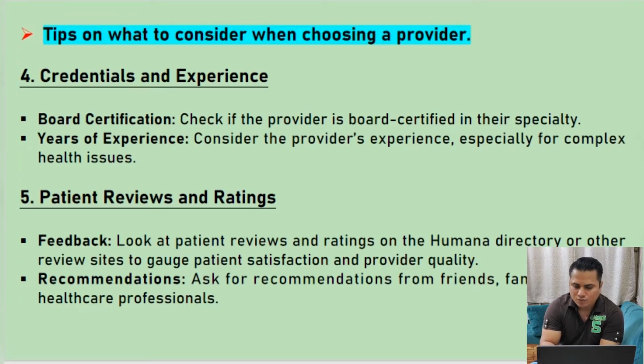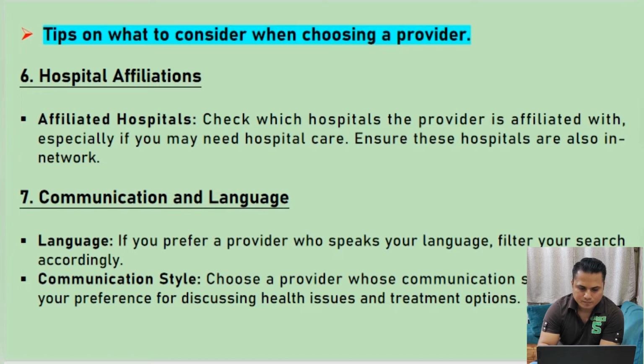Recommendations: ask for recommendations from friends, family, or other healthcare professionals. Number six, hospital affiliations. Affiliated hospitals: check which hospitals the provider is affiliated with, especially if you may need hospital care. Ensure these hospitals are also in network.